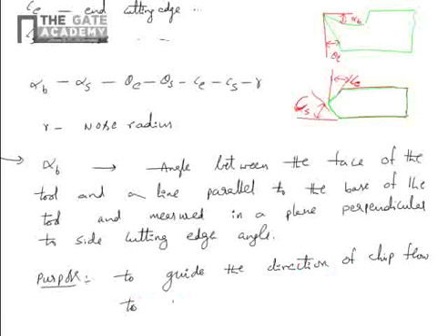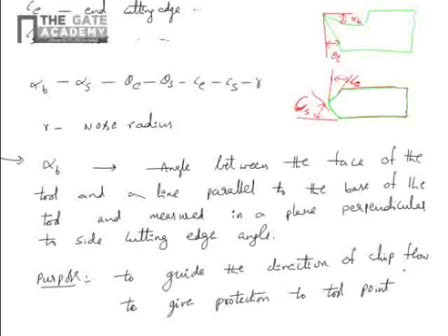It also controls the direction of the resultant force on the tool and the chip flow. It influences the cutting forces as well as power and surface finish. Based on the value of the angle, your surface finish will vary.